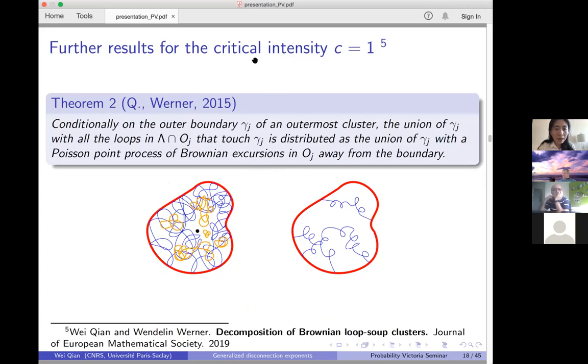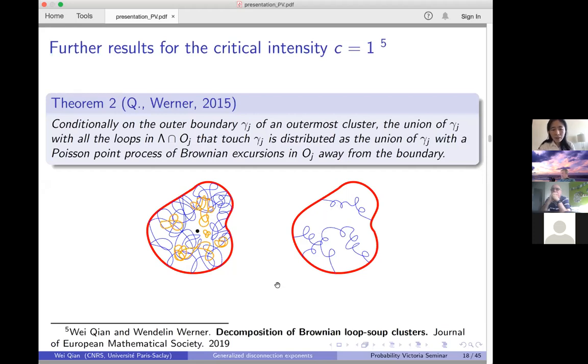So in this same work with Werner, we further obtain a result which is specific for the critical intensity C equal to 1. So when C equal to 1, we have a more precise description of the law of these blue loops in the cluster that touch the boundary. We show that the trace of the union of these loops is distributed as the union of a Poisson point process of Brownian excursions in this same domain.